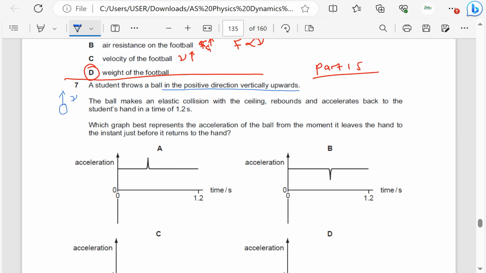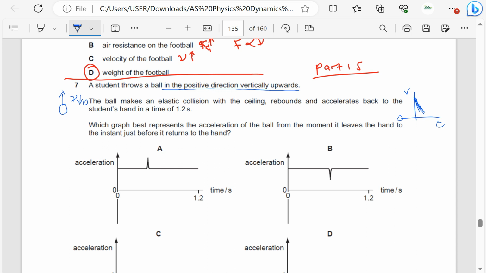If I was to sketch a graph of velocity against time for the first part when it is moving upwards, the velocity graph goes downwards, towards the zero axis or towards the x-axis. So that means the acceleration is negative initially.